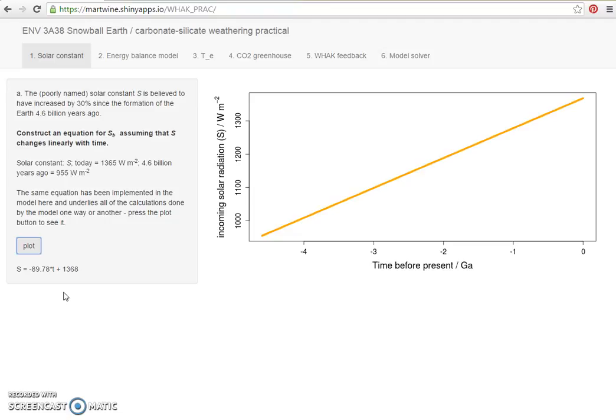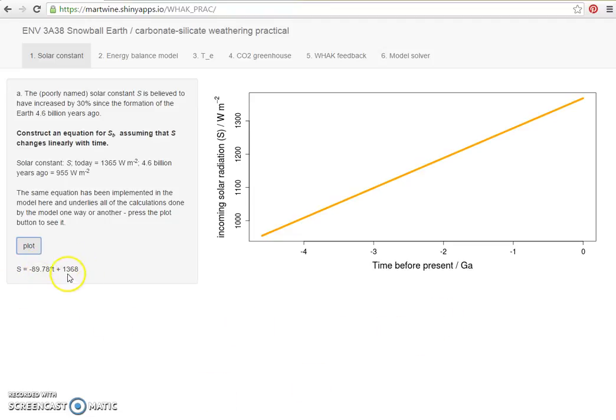So t is the time in billions of years, and it doesn't have a negative on it because the negative sign is here. If we just run a number in there, let's say 1 billion years ago, 89.78 times 1 is still 89.78. So that's negative 89.78 plus 1368.